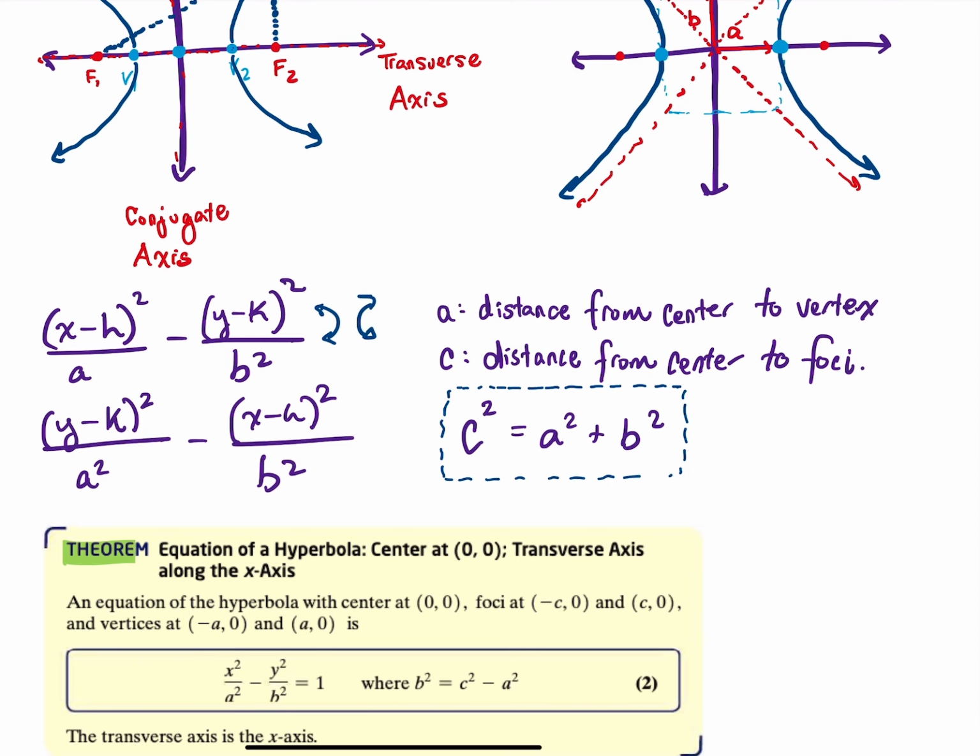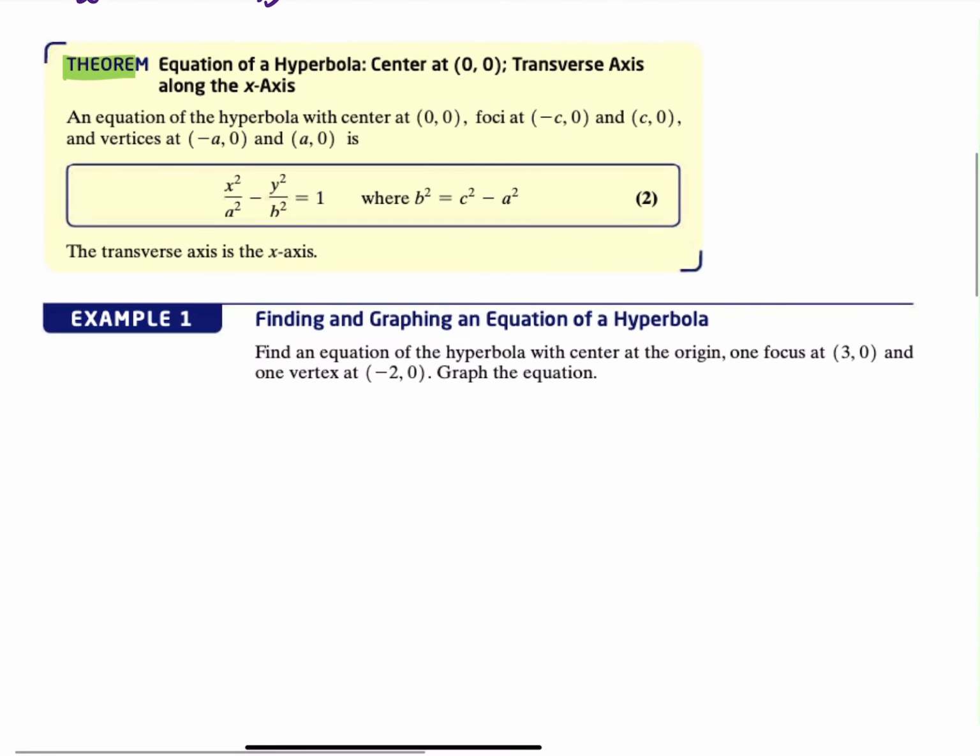If y is first, we get an upward and downward hyperbola. So let's start first with x squared over a squared minus y squared over b squared equals 1. So we'll get this sideways hyperbola opening to the left and to the right.